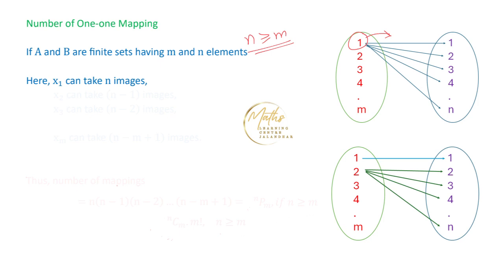Now if we map this second element, how many elements are we left with? It is n minus 1 elements. We are saying that 1 is mapped to 1, and we are left with n minus 1 elements. So x2 can take n minus 1 images.